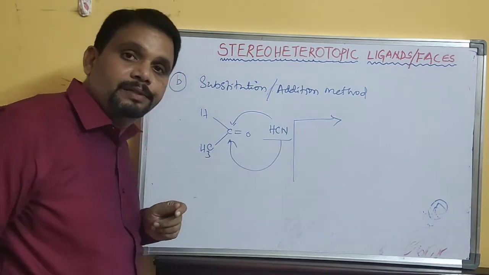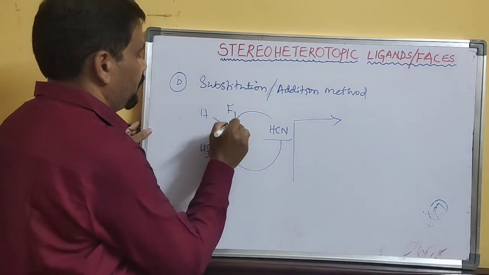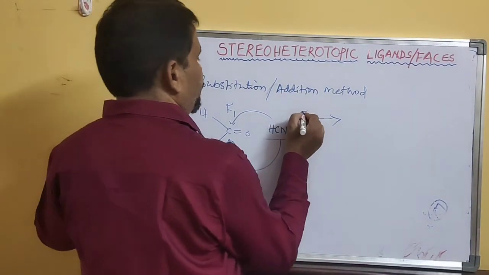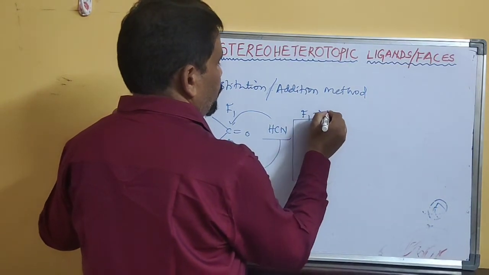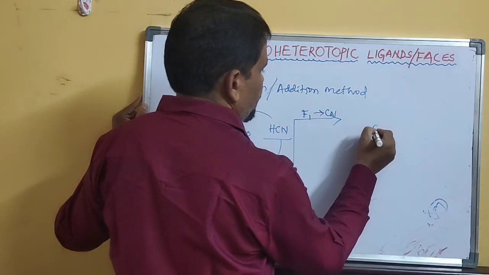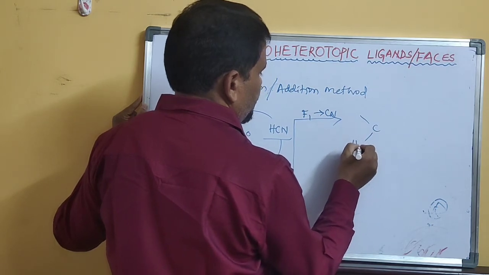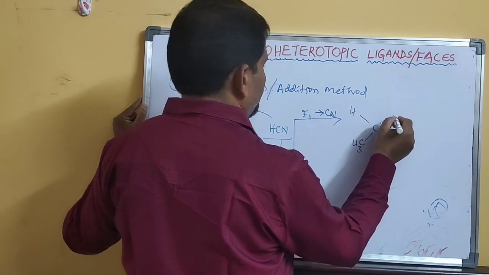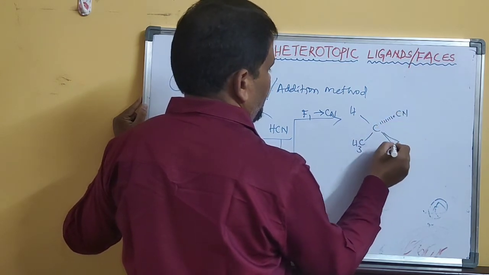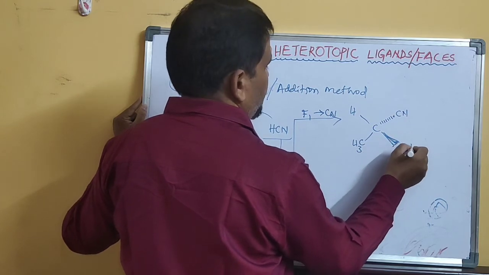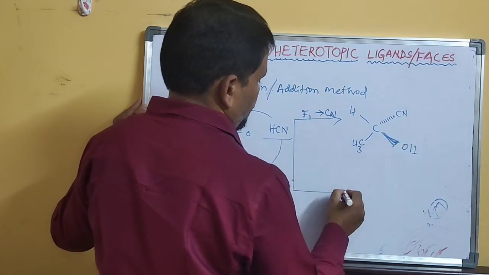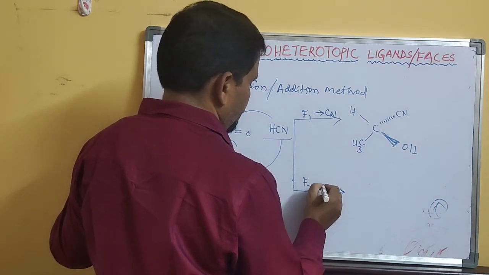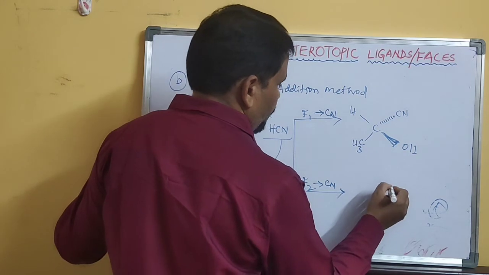Two faces are there, so this can be F1 and this can be F2. Suppose it is from F1, substituted with CN, you will get CH3, hydrogen, CN and hydroxyl group. Suppose the reagent attacks through the F2 face, you will get this molecule.